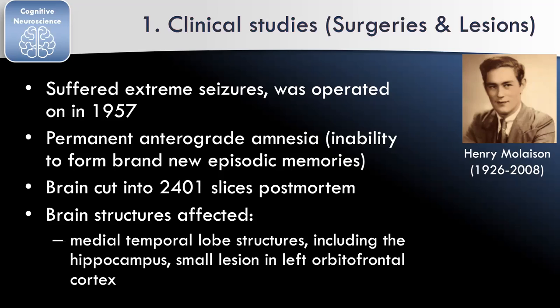The operation stopped his seizures, so he was at least able to keep going with life, but he had an inability to form new memories after this. His life story is fascinating and troubling. The researcher that had access to him also became his legal guardian. There's just a lot of issues here that get into research ethics.